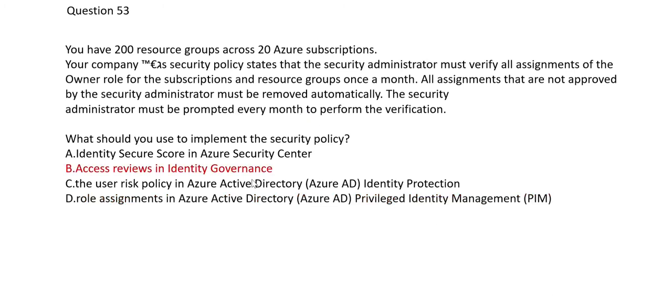That leaves us with B, access reviews. One thumb rule you should always remember is whenever you see a question which says that the system admins should get prompted, or some person should get prompted for validation and verification, it is always access reviews. Blindly you can just look at the options, find access reviews and mark it as the answer.